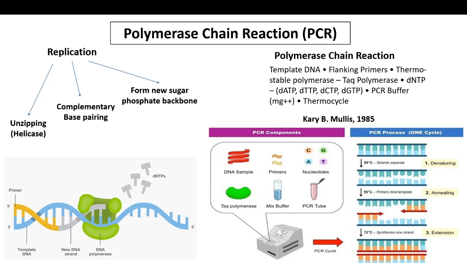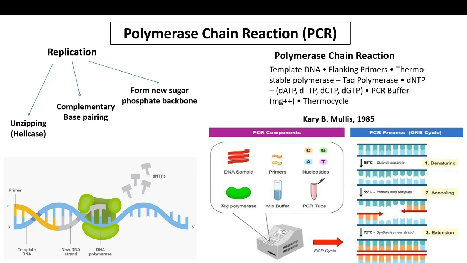So the first one is unzipping, that is done by an enzyme in our body, helicase. First your double-stranded DNA should be unzipped, or unwound, to single strands. That is done in our cell by helicase.